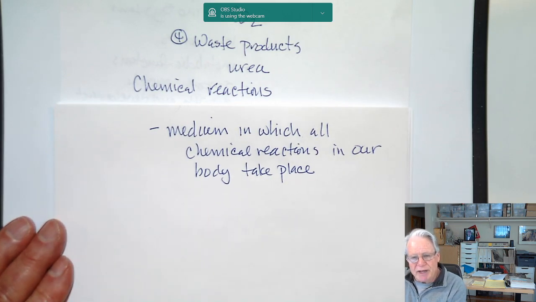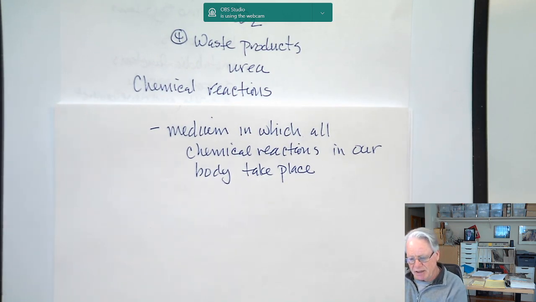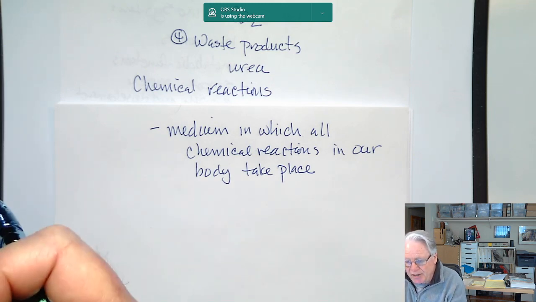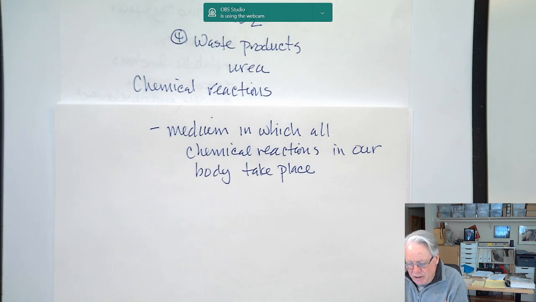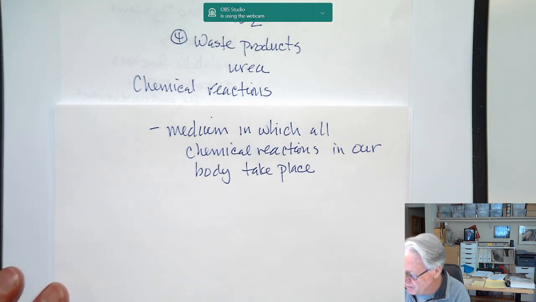It holds the reactants together. So if two molecules need to come together to interact, water is going to carry them, support them, is the network in which they are found so that they can find and react with one another. So the medium in which all chemical reactions in our body take place.